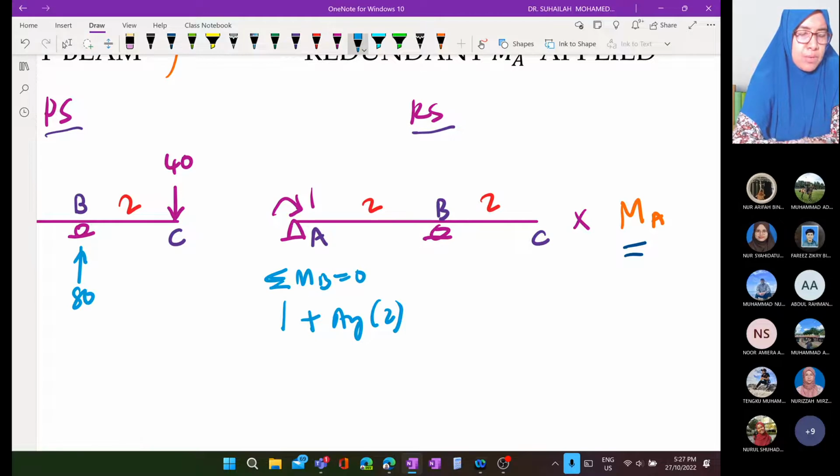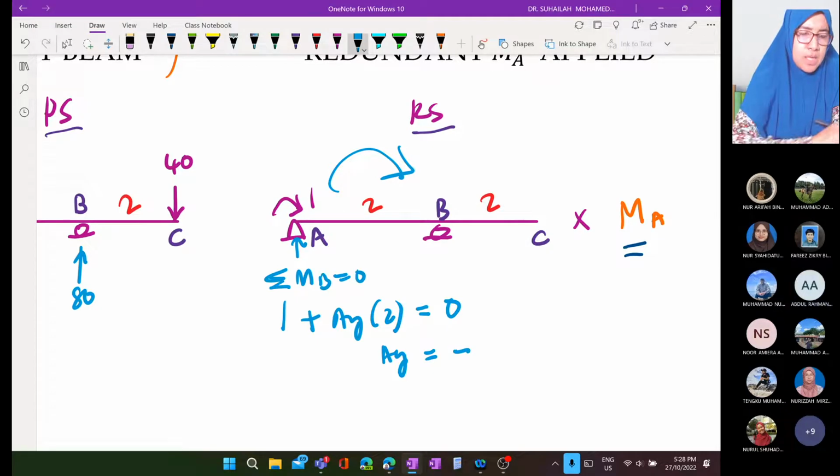Kan AY kat sini. So it is 1 plus AY times 2 equal to 0. So AY equal to 1/2, 0.5.